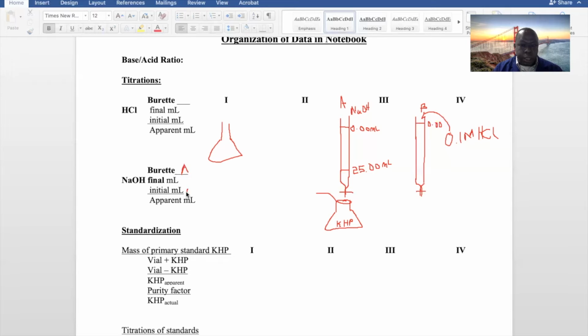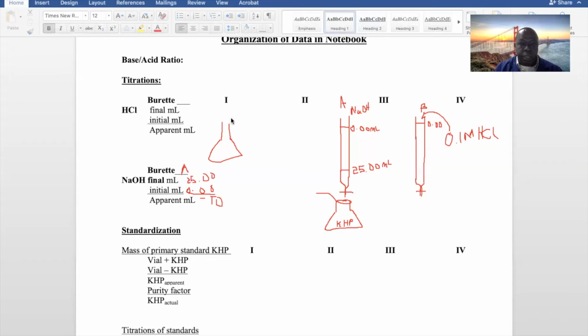Final is 25.000 mL, and my initial is 0.000 mL, and of course you can get the apparent volume from here. This is the total volume of NaOH. Call this total.